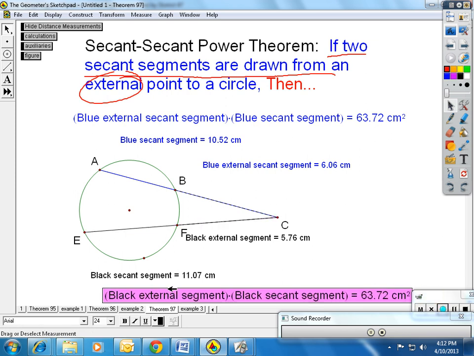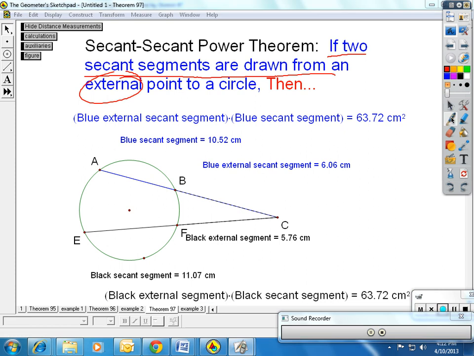I get the same value. Let me mark on the diagram. That is to say, if I multiply the entire secant times the external, I will get the same value as if I multiply the entire secant of the other one multiplied by its external. Okay, so all of these theorems have the same flavor.